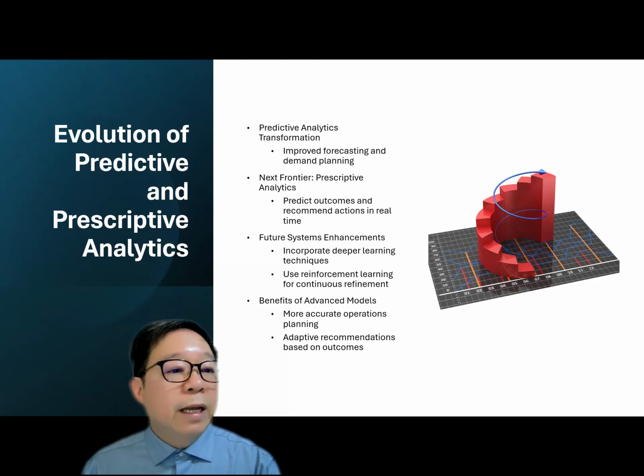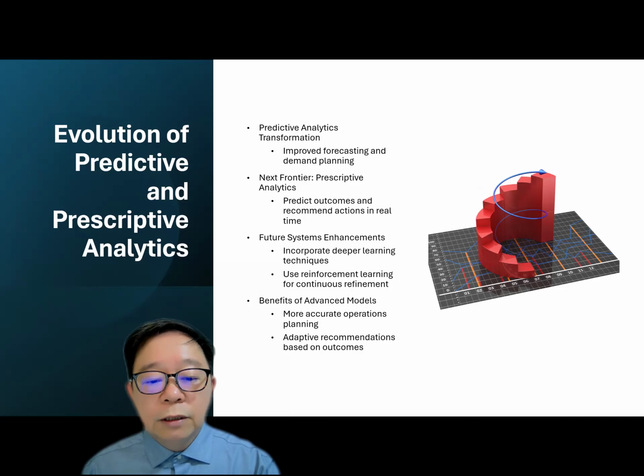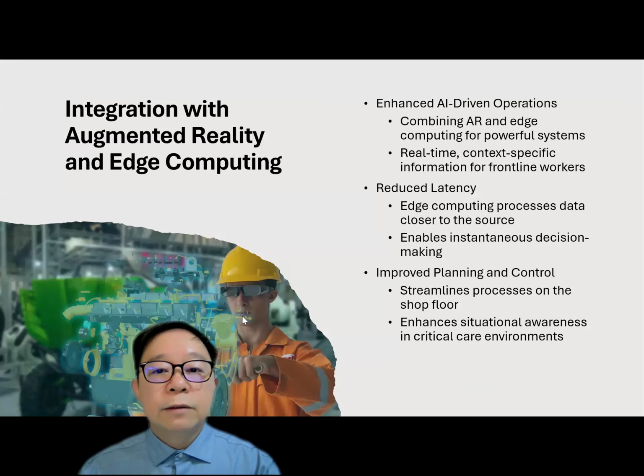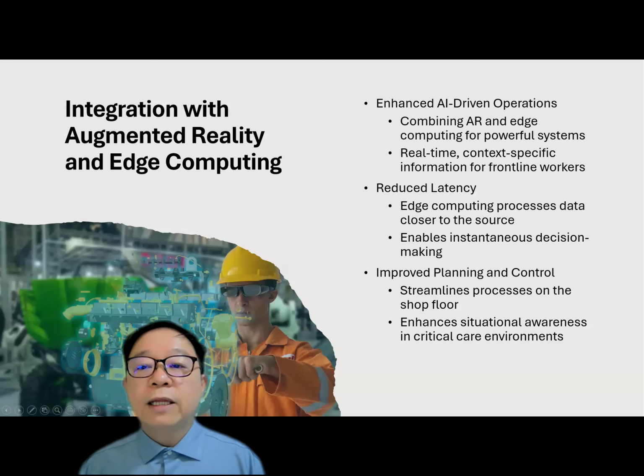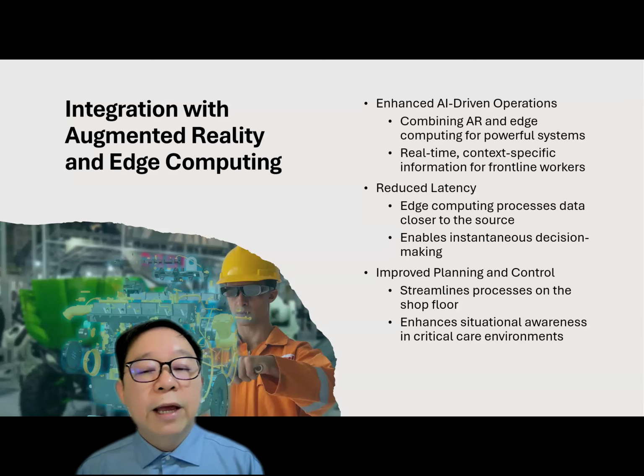So for future system enhancement, we're going to incorporate deep learning in many subsystems, and we're able to reinforce the learning for the whole organization's improvement. With such benefits in the operation model, we can have more accurate operation, and of course, a better outcome. In fact, apart from AI, we can integrate with other technologies, like VR and AR, right?